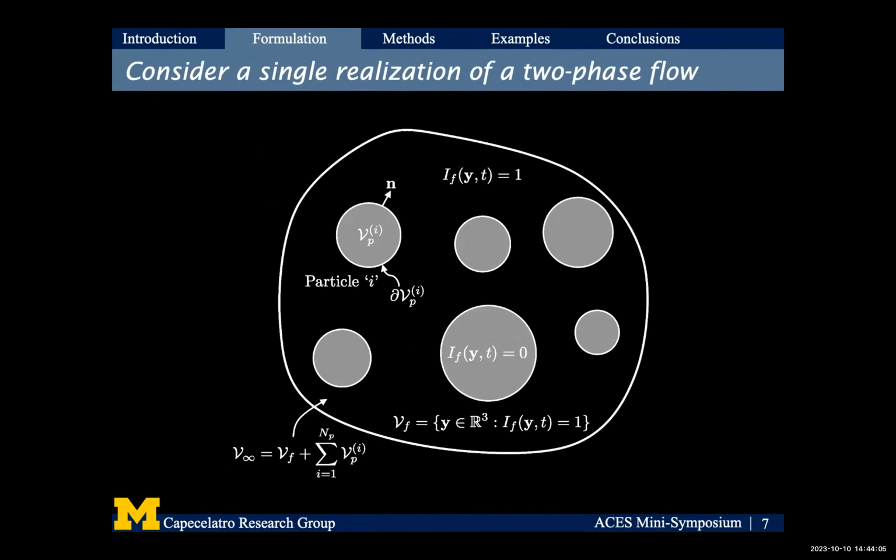So the coarse-graining approach we typically take is to consider a realization of a two-phase flow. And I'm just defining an indicator function that's 0 inside our particle, 1 outside. And each particle has some given volume.